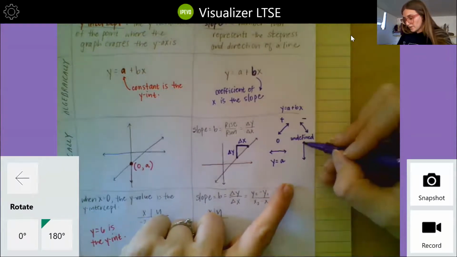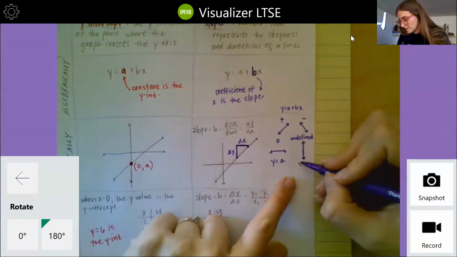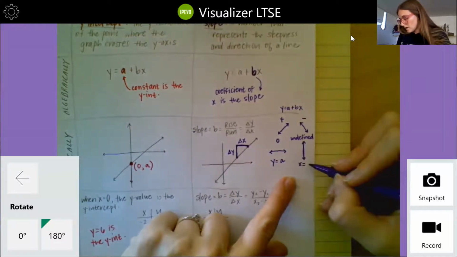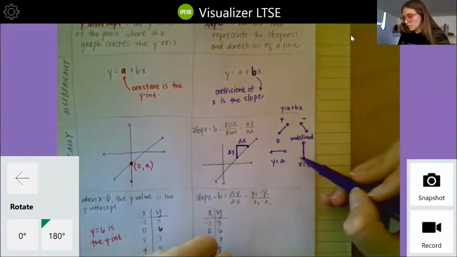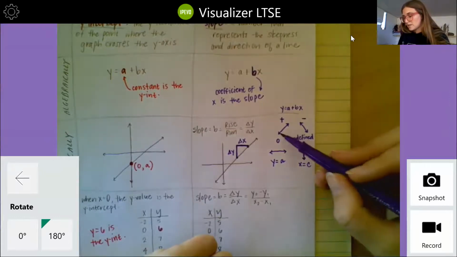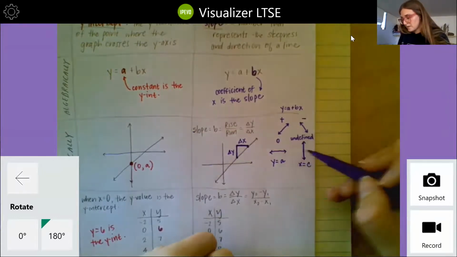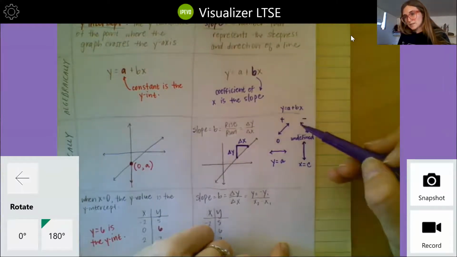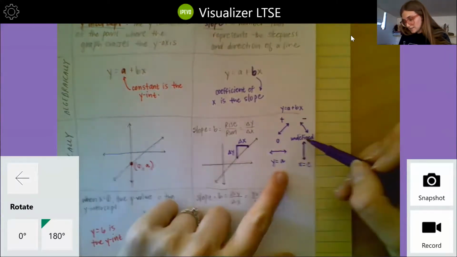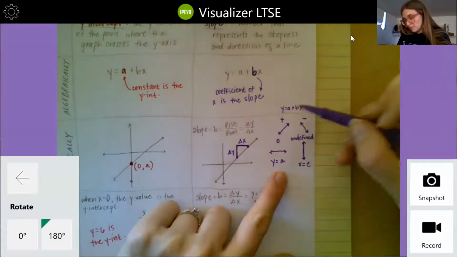And if we have a vertical line, our equation will look something like x equals some number, call it c. So there are 4 different types of slopes that we can have. These two will have a similar looking equation, y equals a plus bx. In the negative case, the b would be negative.